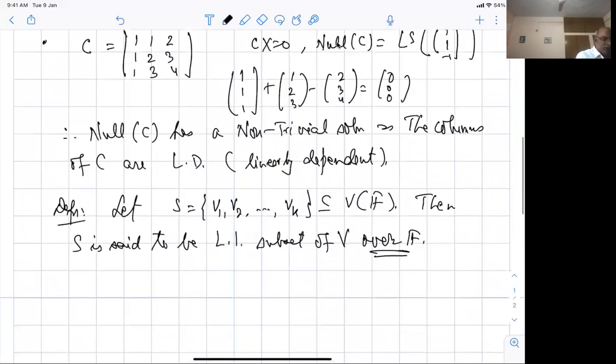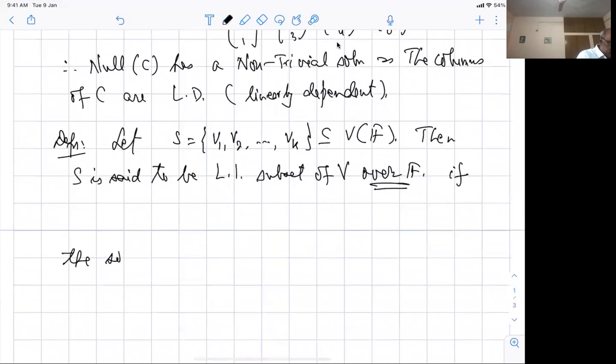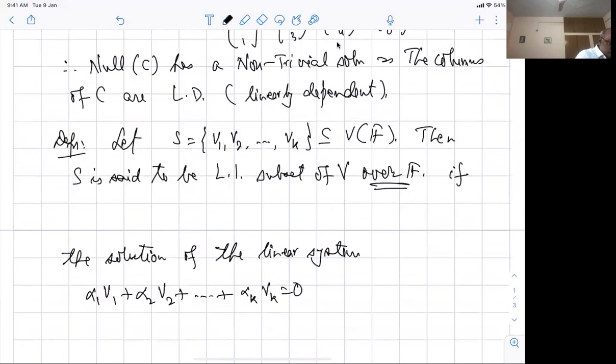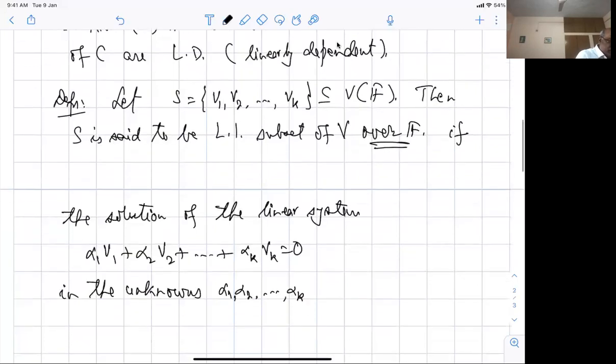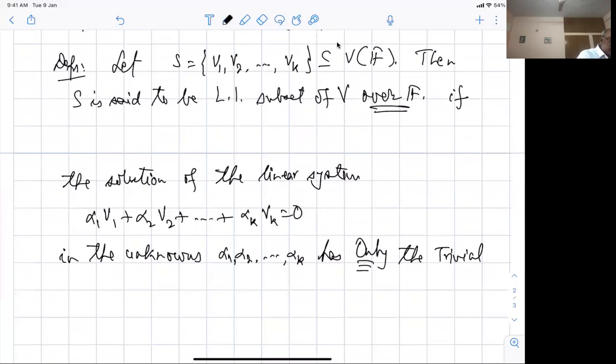The scalar entries have to come from F. A subset of V over F is linearly independent if the solution of the linear system alpha 1 V1 plus alpha 2 V2 plus ... plus alpha k Vk is equal to 0, in the unknowns alpha 1, alpha 2, ..., alpha k, has only the trivial solution. Right? Has only the trivial solution.